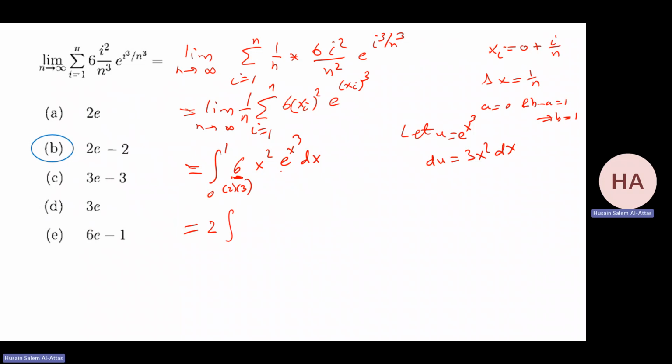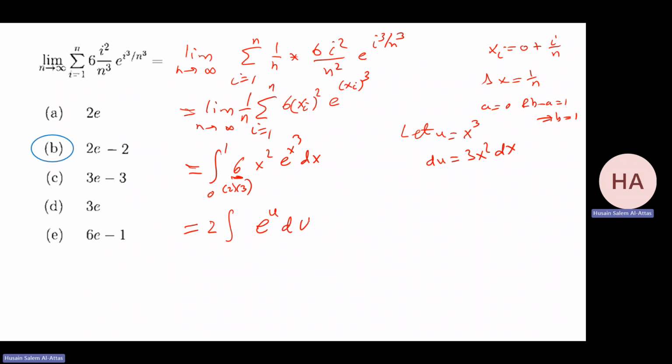Now this is e to the u. Sorry, my u is x cubed. That will be e to the u, and I have 2 outside. 3x squared is du. So I have e to the u du.